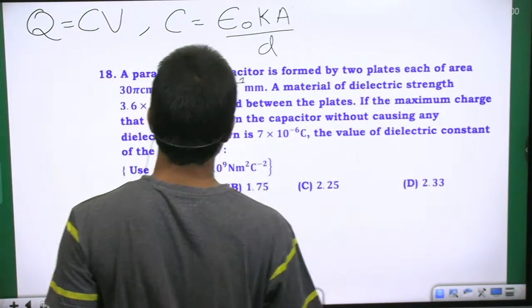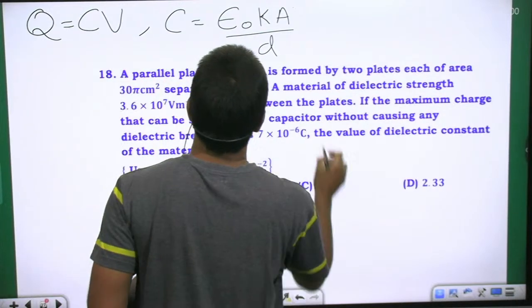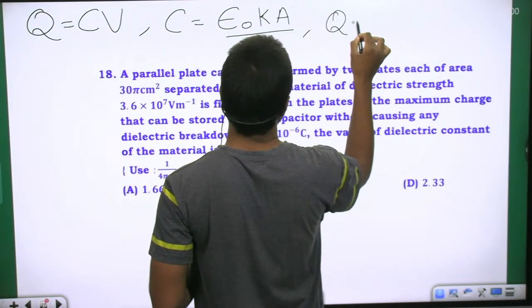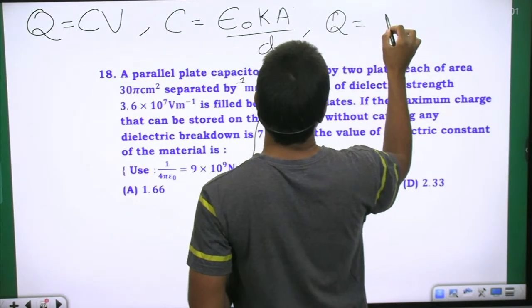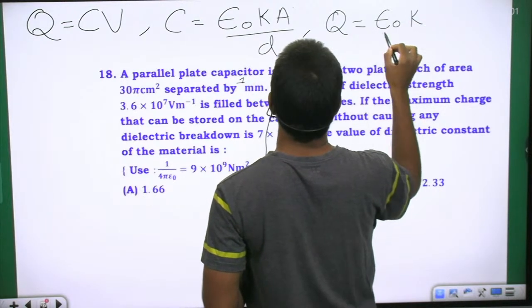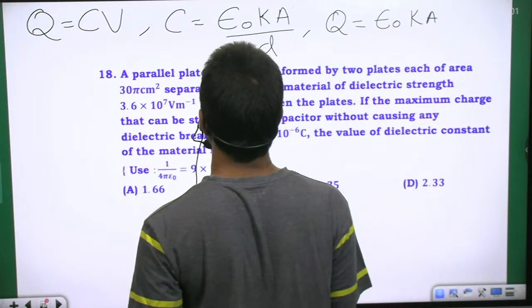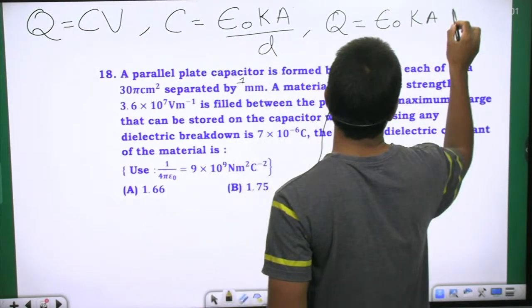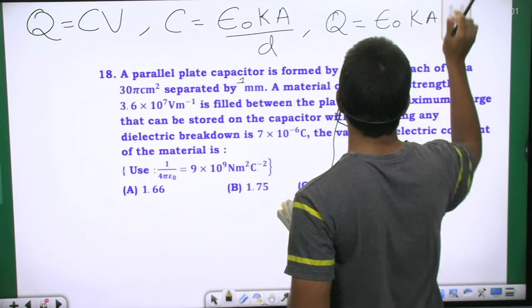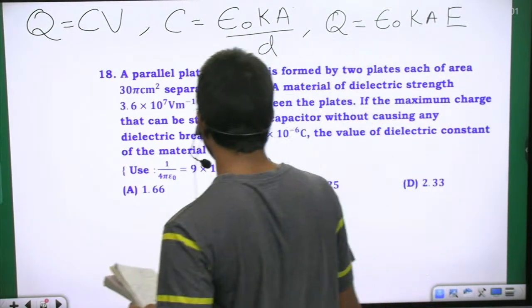So we just replace C: Q is equal to epsilon naught K A V by D. Let's write V by D as E, nothing but the electric strength.